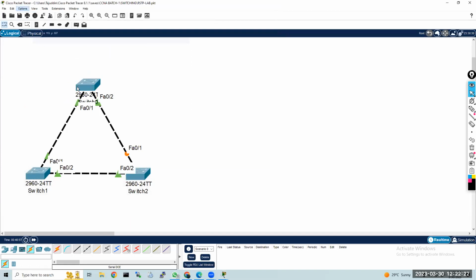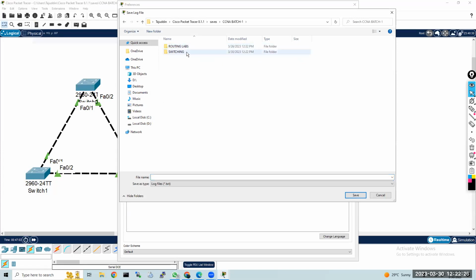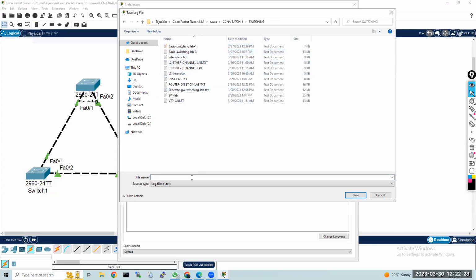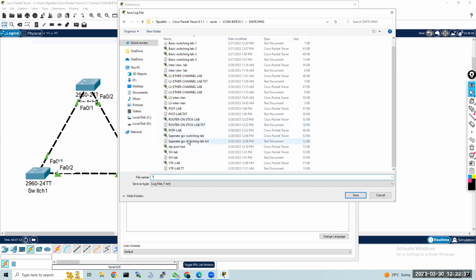There's nothing command inside, I think. Only 2-3 commands are there. This is our text file.